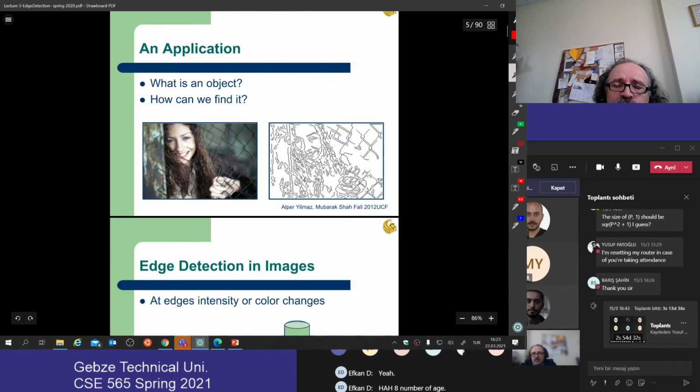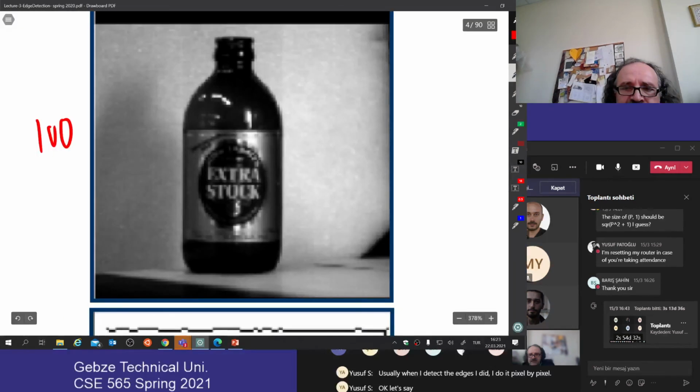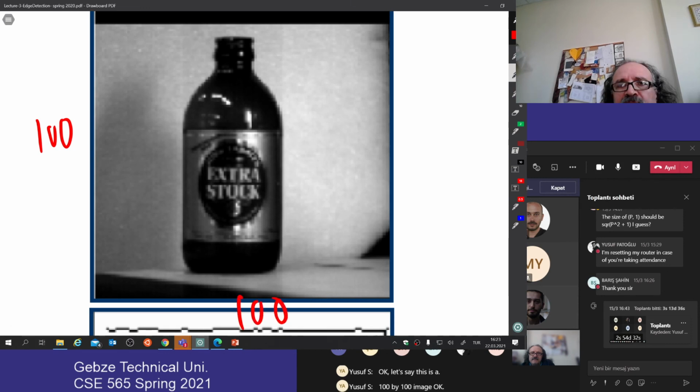Usually, when I detect the edges, I do it pixel by pixel. Let's say this is a 100 by 100 image. There are a total of 10,000 pixels, right? When I do the edge detection, I would say that there is an edge, edge, edge, edge. These are all the edges, one by one.